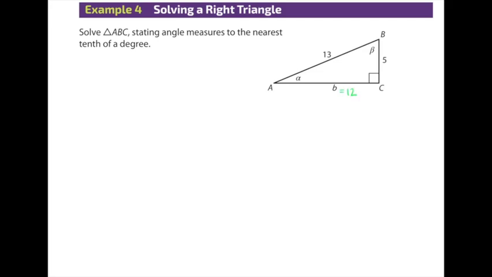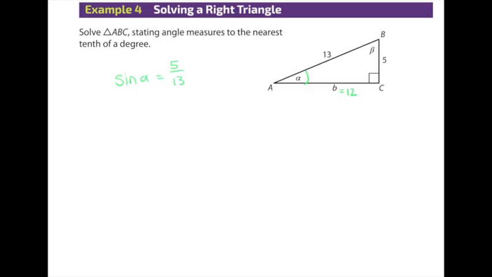They want me to solve every angle. One angle I know, it's what? 90 degrees, right? Because it's a right triangle. The other ones I can back into using my trig functions, all right? It says to the nearest 10th of a degree, which means your degrees in one decimal place. If I want to find alpha, I can say, well, the sine of alpha should be opposite, that's 5, over hypotenuse, that's 13.